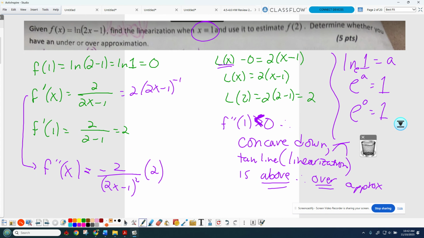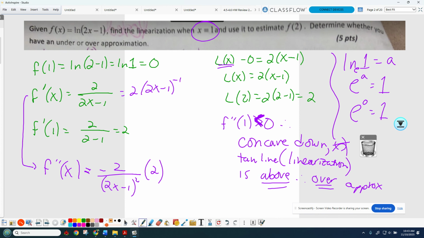And the tangent line is the linearization, so we plugged in something that's gonna give us a slightly higher value. And even if I plugged in 1.1 or 0.9, whatever, something close to 1 on either side, it's gonna be an over approximation.